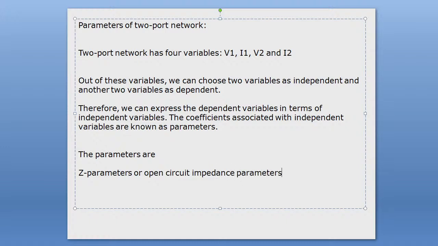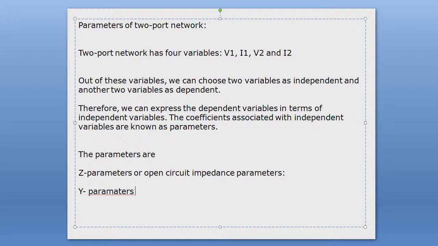Okay, you just note it down. Z means impedance parameter. Then Y, or admittance parameter: Y parameters, or short circuit admittance parameters.